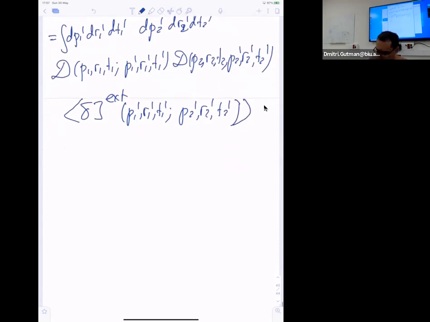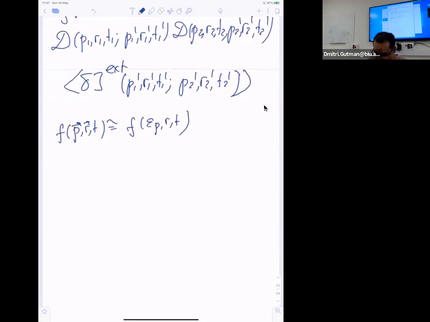And okay, so on the level of the diffusive approximation, I'll remind you that the distribution function of p, r, and t is essentially f of epsilon p, r, and t. They agree that there is a flux of particles that goes between state p and p prime.